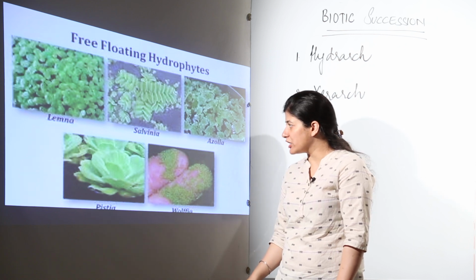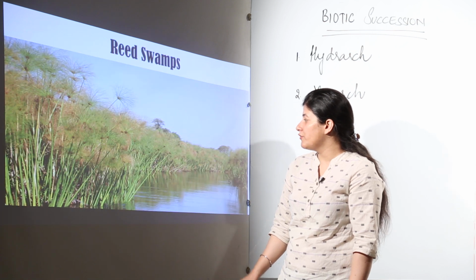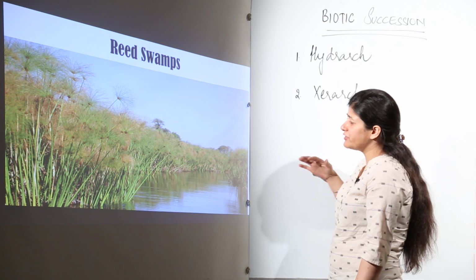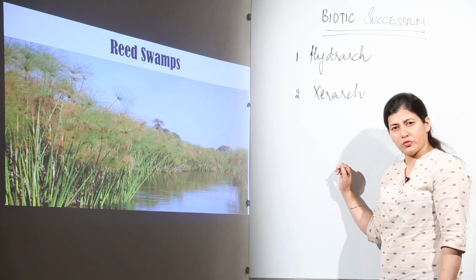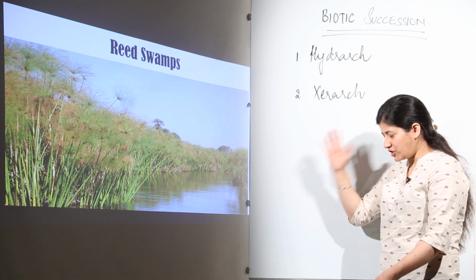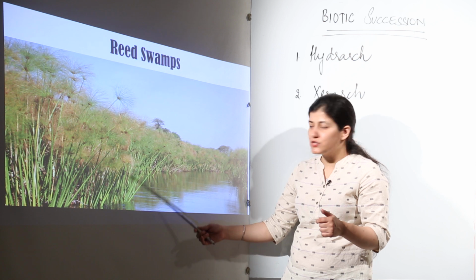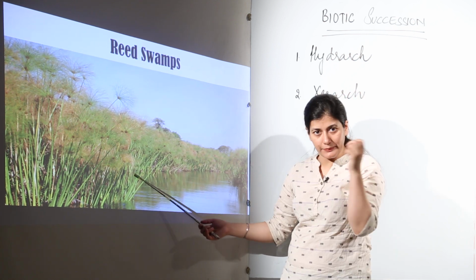The biotic community is increasing in the number of species it is having, followed by reed swamp stage. If ever you have visited some natural lake, or a water body or a river where the check dam is made, where the stagnant water is there, such reed swamps are growing. These are the reeds basically.